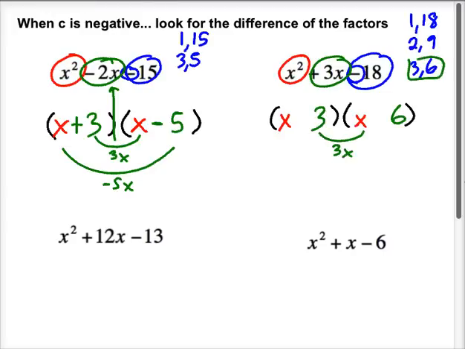That'll give us 3x and 6x. Now, we need to figure out which one is going to carry that negative. Well, if we put it here, 6x minus 3x gives us positive 3x. So the 3 is going to carry the negative, and the 6 is going to carry the positive.